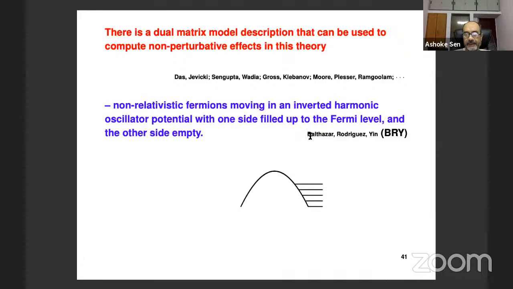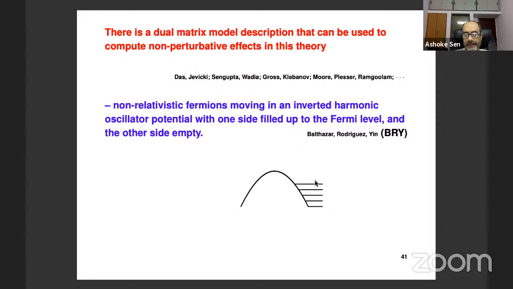The description that I'm going to use was suggested by these authors, more recently. What they said is that you fill up one side of the potential up to the Fermi level, and leave the other side empty. Now, this of course was understood even in the old days of the matrix model, but what they did was to make it more specific.